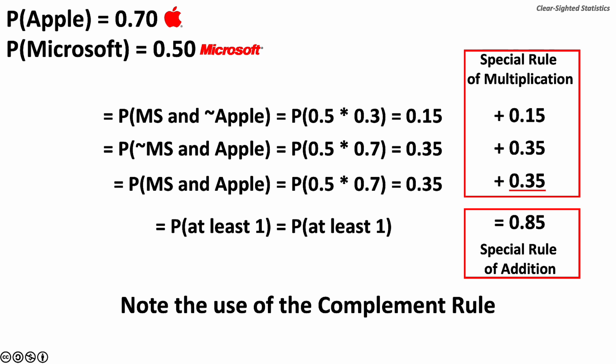The probability that both Microsoft stock and Apple stock will increase in value. That probability is 0.35 or 35%. Note the use of the complement rule. Once these 3 probabilities are found, use the special rule of addition to add the 3 probabilities. The probability of at least one of these stocks increasing in value is 0.85 or 85%.